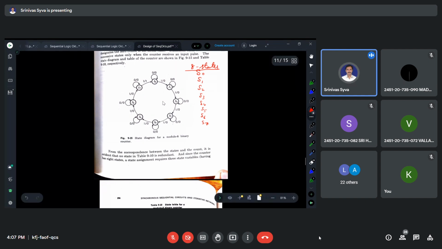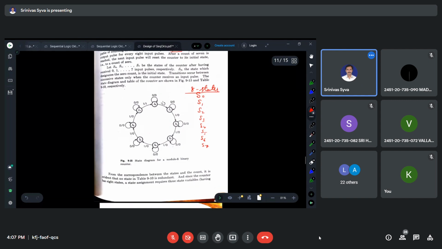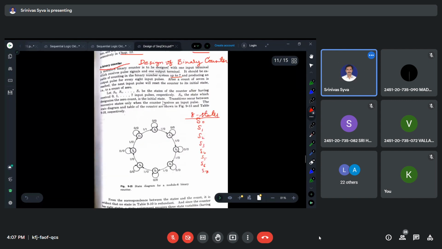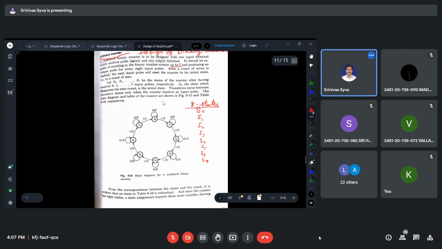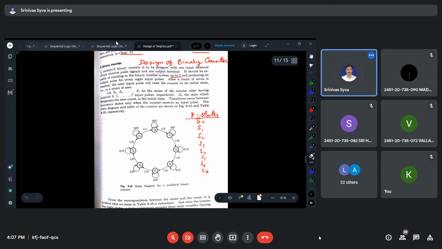So this counter should count 8 pulses. Okay, so this is called modulo 8 binary counter. That means it can count 8 events or 8 pulses like that. Okay.